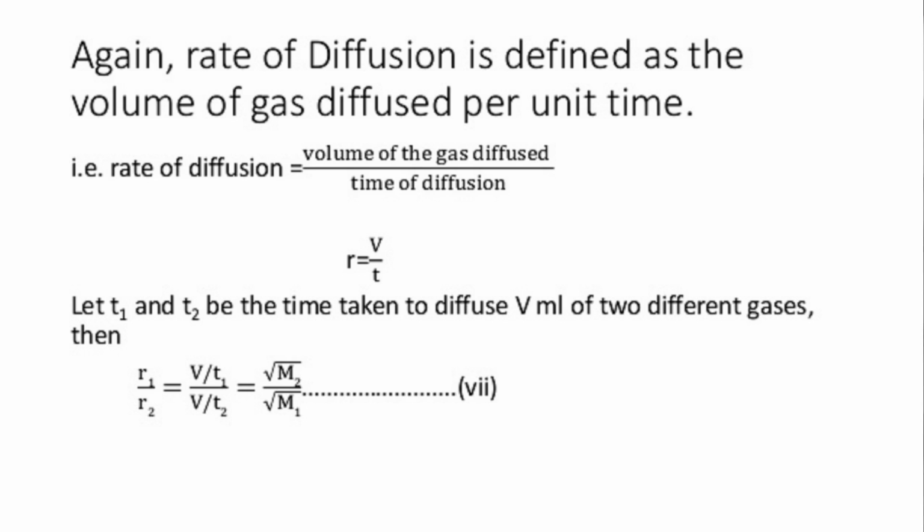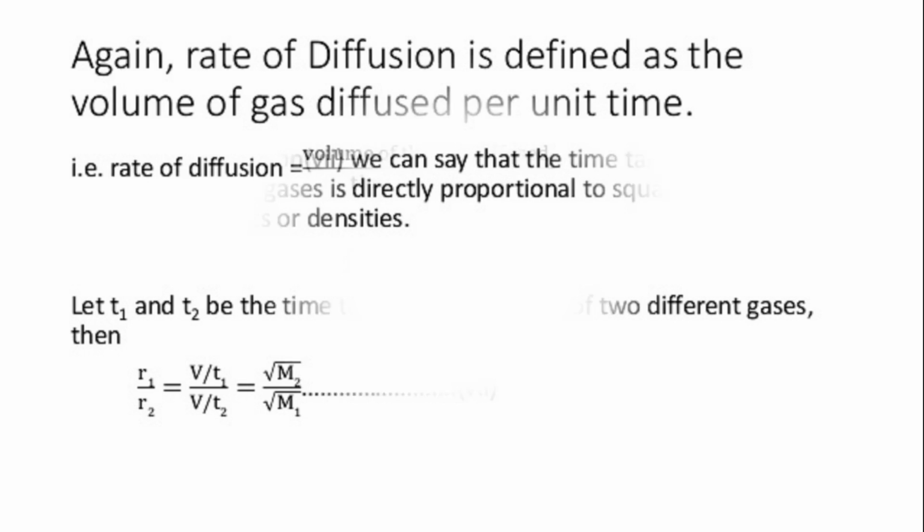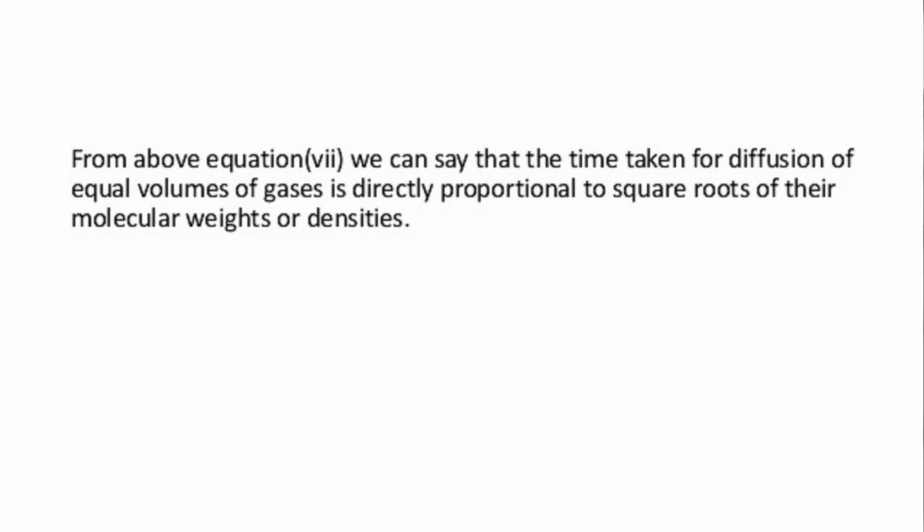Then R1 over R2 is equal to V over T1 divided by V over T2, which is equal to the square root of M2 divided by the square root of M1. From the above equation 7, we can say that the time taken for diffusion of equal volumes of gas is directly proportional to the square roots of their molecular weights or densities.